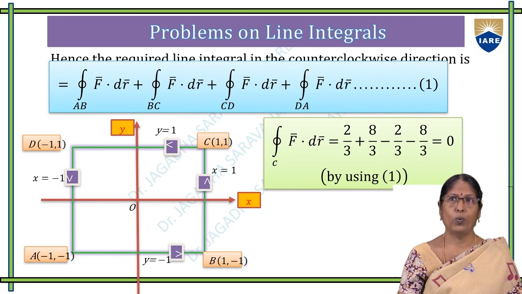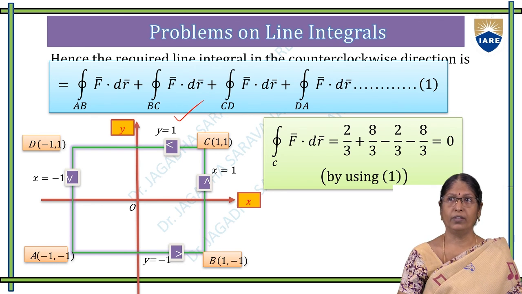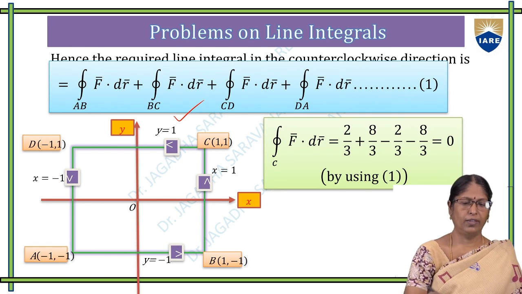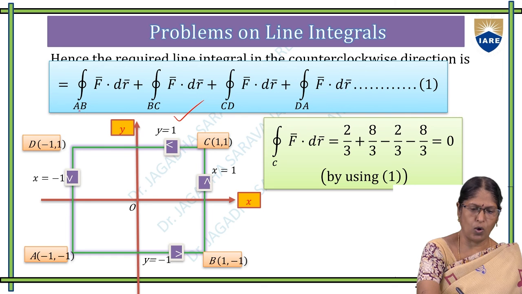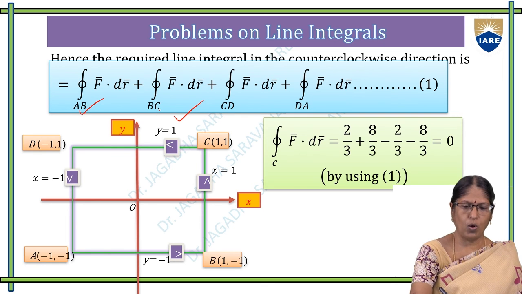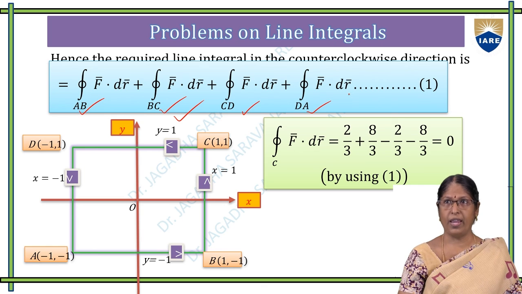So put together we can see it very well. Here we can see the line integral. The formula is the integral over AB of F dot dr, along AB, along BC, along CD, and along DA.